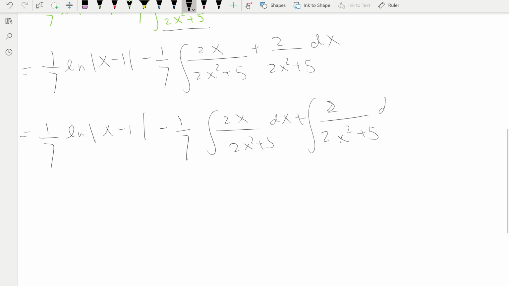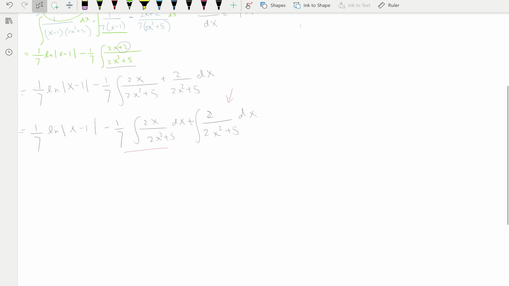Okay, so here's what I'm going to do differently. First I'm going to integrate this one, the tangent inverse one, because that is where we have the complication. Okay, so let me show you the complication first and later do the integration by substitution. Okay, so if you want to integrate 2 over 2x square plus 5, okay, we know that we can take 2 out, so it's 1 over 2x square plus 5.